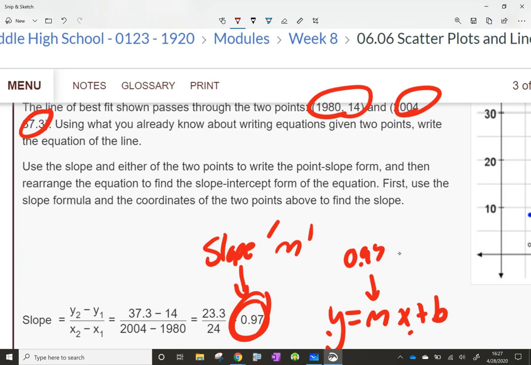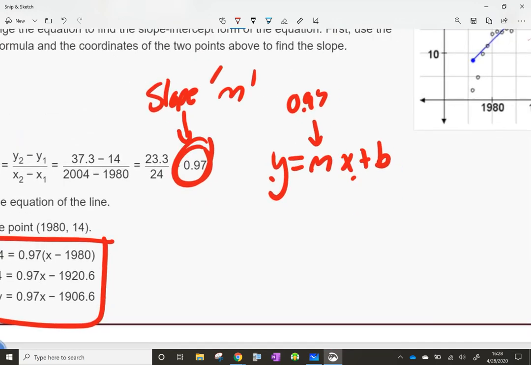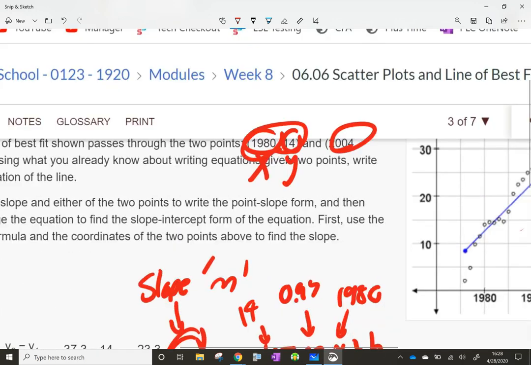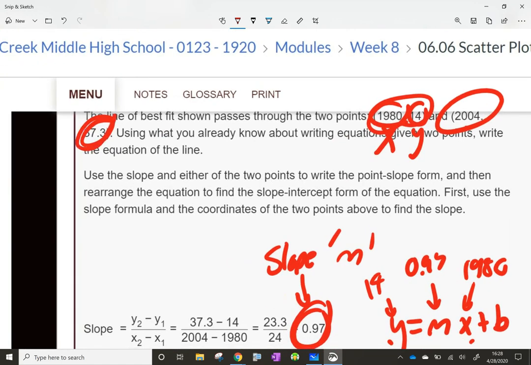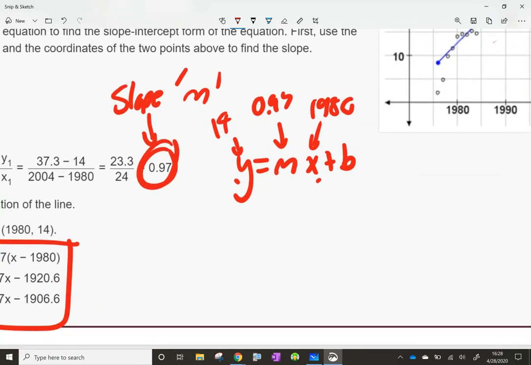If we use 1980 and 14, 1980 is the x and 14 is the y. So I'll plug 14 in for the y and 1980 in for the x. You could have used the other point, the 2004 and the 37.3. It wouldn't have made any difference, and it still would give you the same result.